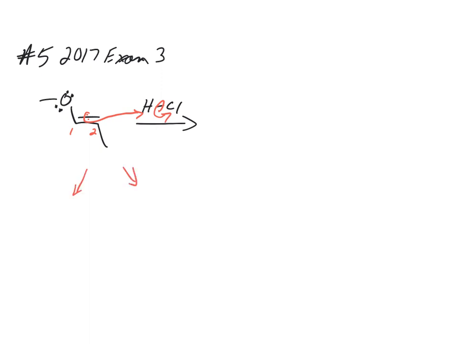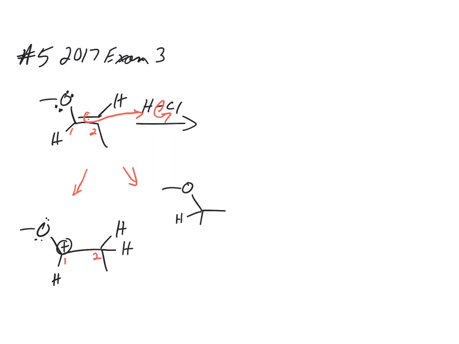We either have a carbocation at carbon 1, or the carbocation, right, if we draw the H's in, of course, draw the H's in. We could have the plus charge on carbon 1, or we could have the plus charge on carbon 2.